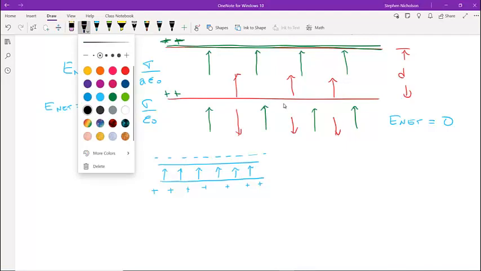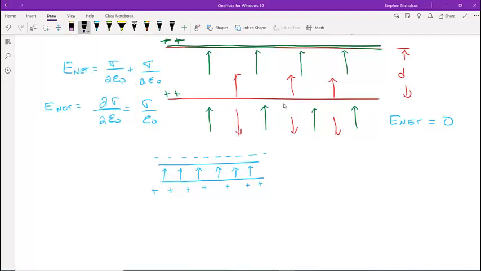So let's think about it. If we have charge per unit area, that's just going to be the total charge divided by the total area of the plates. We know that capacitance is equal to epsilon 0 A over D. We also know that capacitance is equal to the charge per unit voltage.